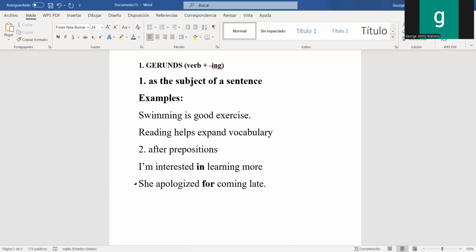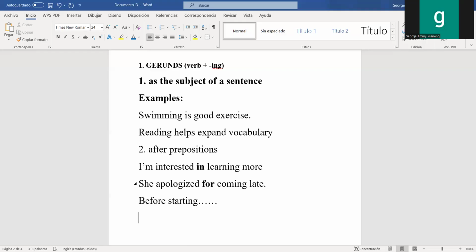Also, I've heard some students saying "before to start," and that is incorrect because we got before, so we cannot use the verb start in the infinitive form, to start. No. Why? Because before is a preposition. So we have to say before starting. Okay. Before starting. Good. Does anyone have any questions so far, folks?